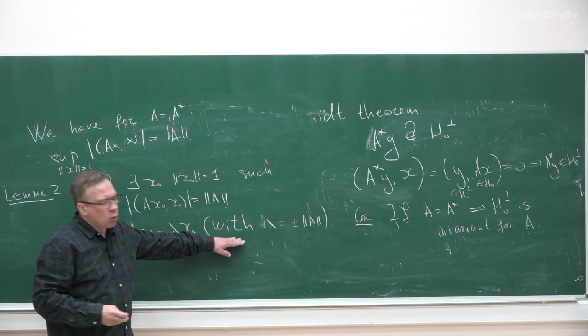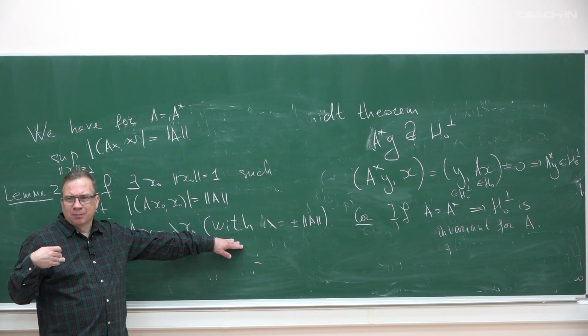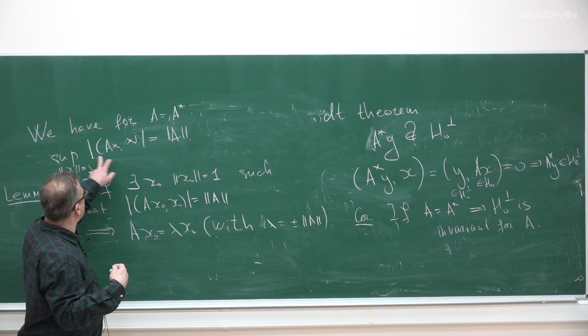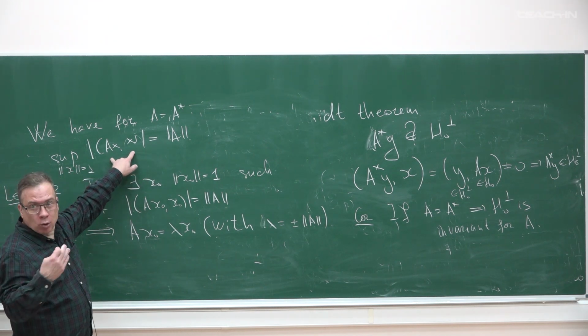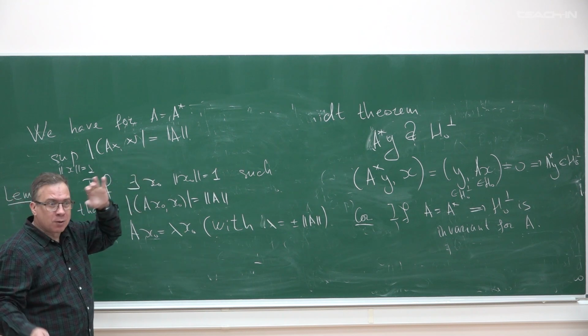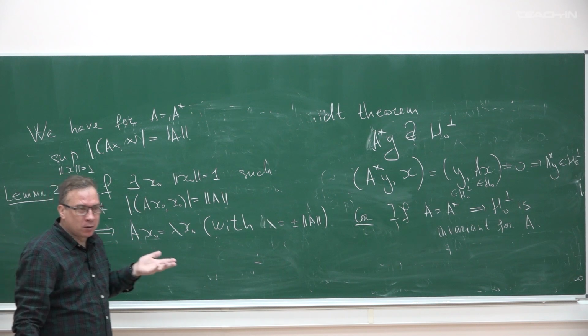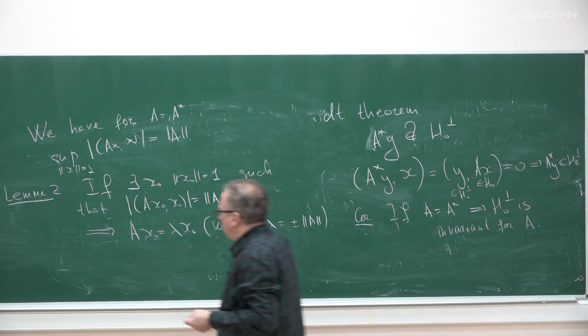And obviously in this situation, lambda can be plus norm or minus norm. Is it obvious? Because here is the absolute value. If the absolute value of lambda equals the norm, it can be just norm or minus norm. How do we prove it?